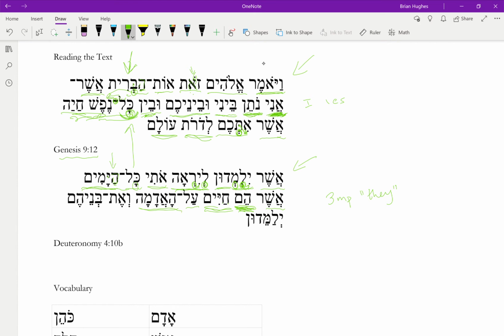Ha'adama. Here we have a definite article, because we have a hey, and instead of a patak and a strong dagesh, the dagesh has gotten rejected, and we have the kametz. So that's compensatory lengthening right there. That's another definite article. Ve'et benehem.